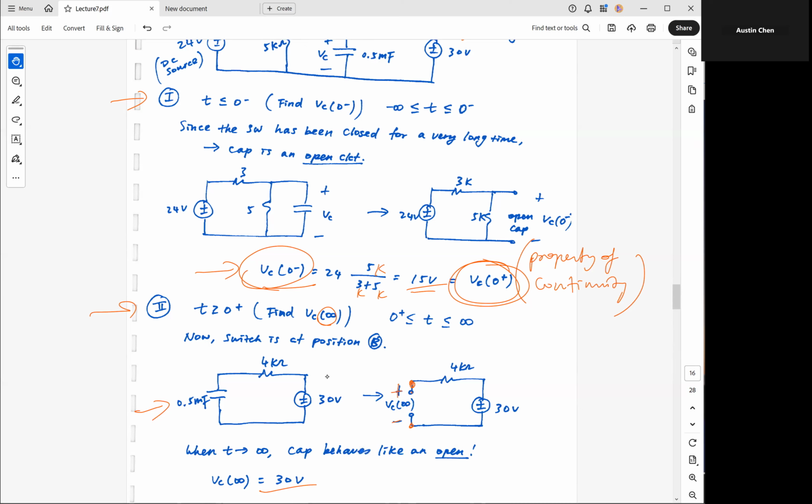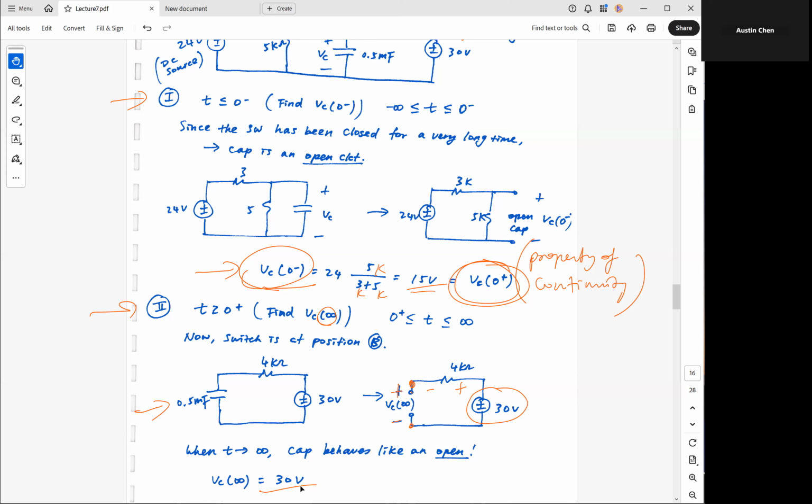If there is no current, that means there is no voltage drop across this 4K ohm. So all of this 30 volts has to show up across these two terminals. So I know that VC at infinity is equal to 30 volts. Now I have collected another variable of interest.